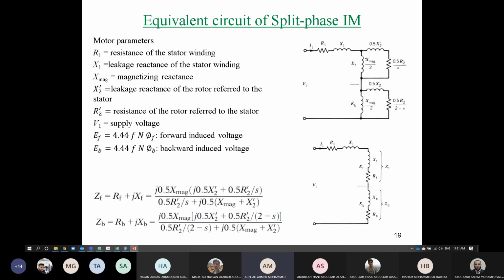The magnetization. Magnetization has higher impedance. This is right, which means the current that will flow here will be relatively small compared to the current that will move in this branch. For that, we can neglect the current in the magnetization branch and remove this branch from the circuit if the motor is working at standstill.